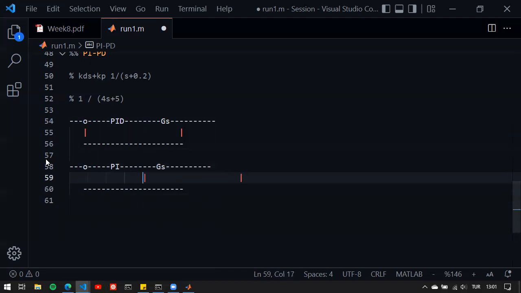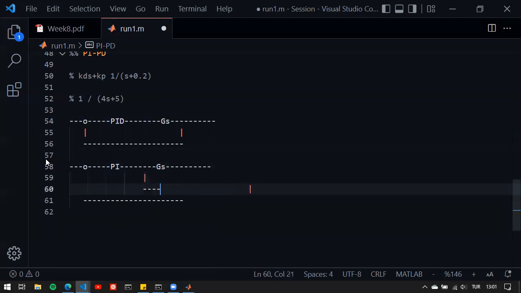Let's do that quickly. Then construct another loop out of here, like this.